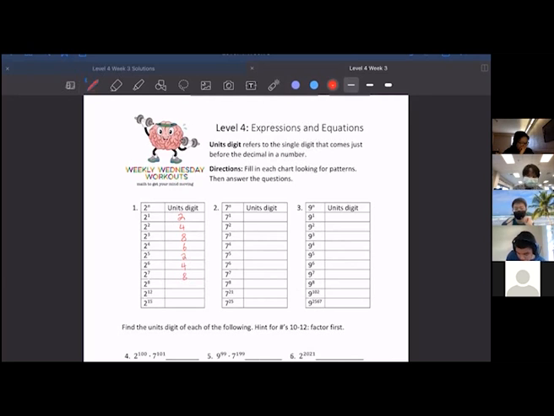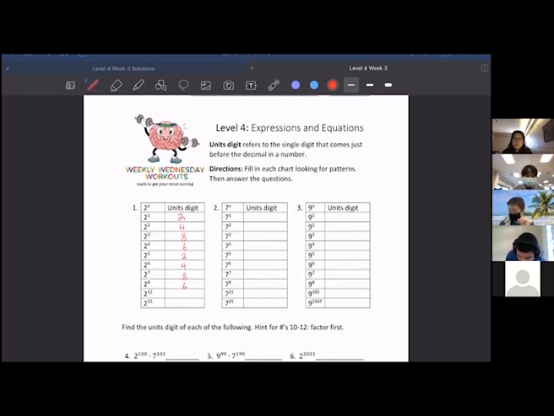And from this, you can see that, never mind, let's do one more. 2 to the 8th power. So that's 8 times 2, which gives us 16. So the units digit is 6. So from this, we can see that the numbers 2, 4, 8, and 6 basically just repeat. Yeah, it just repeats.